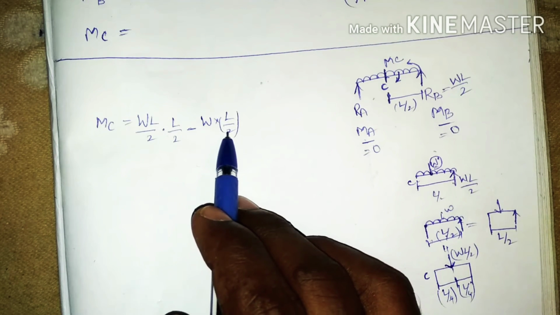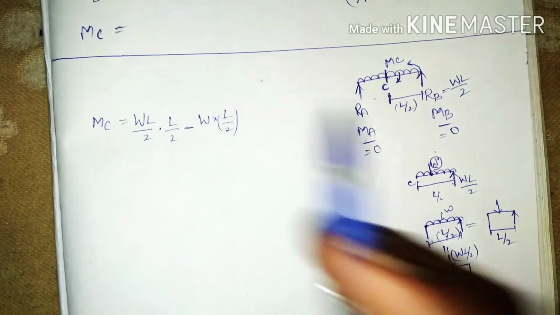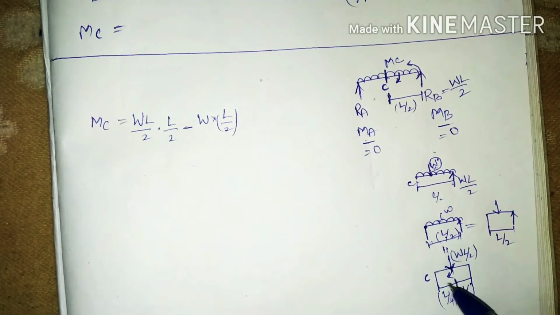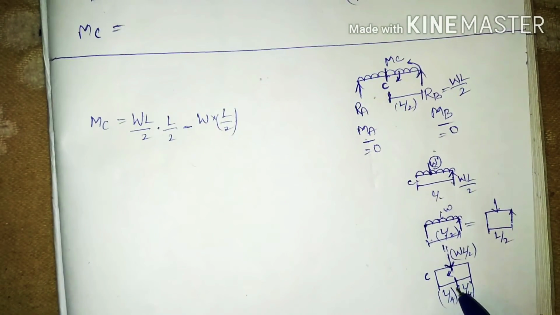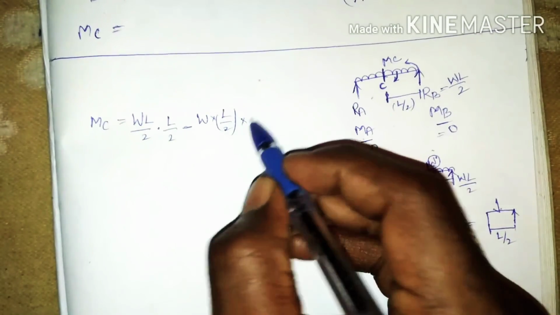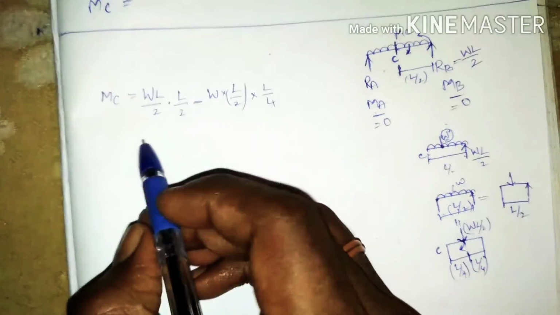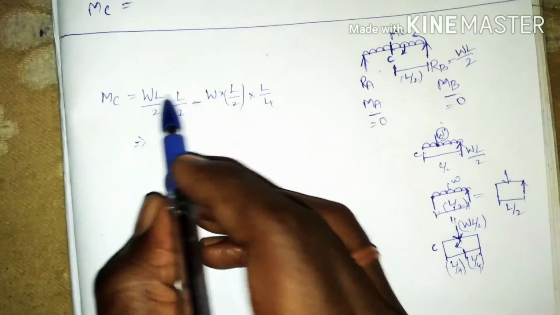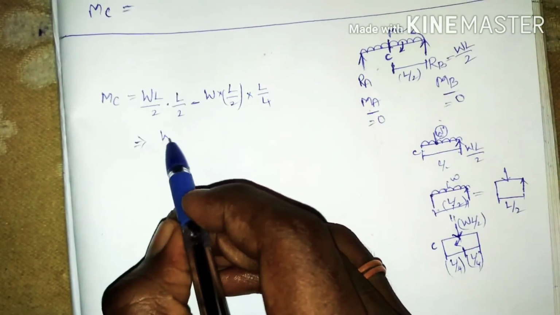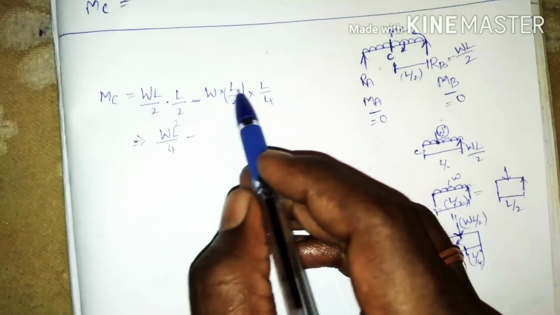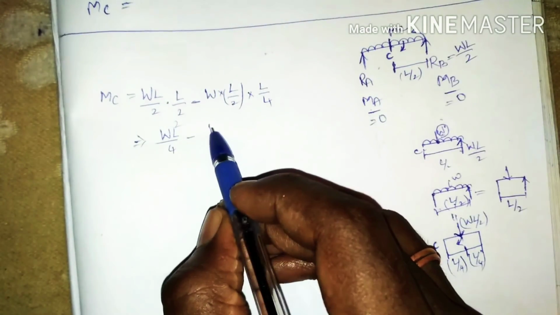The UDL is converted to a point load, and it is taking moment like this, with L by 4 length. We are going to simplify this equation: WL square by 4 minus WL square by 8.